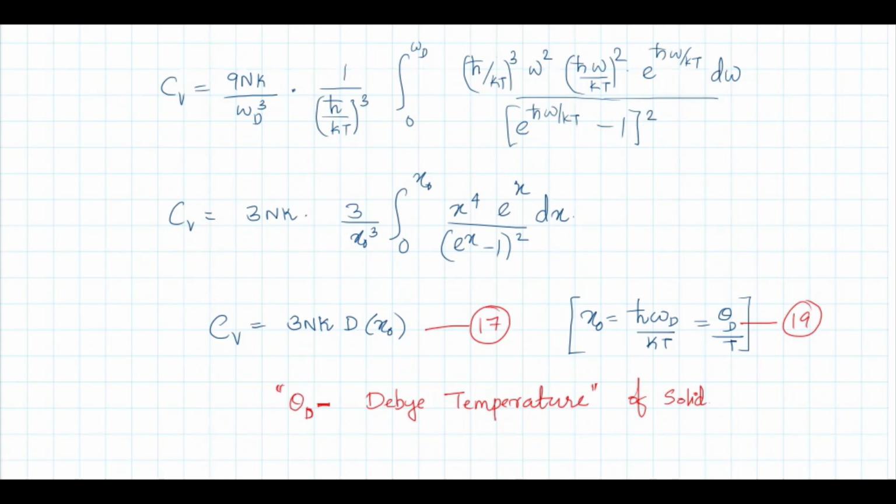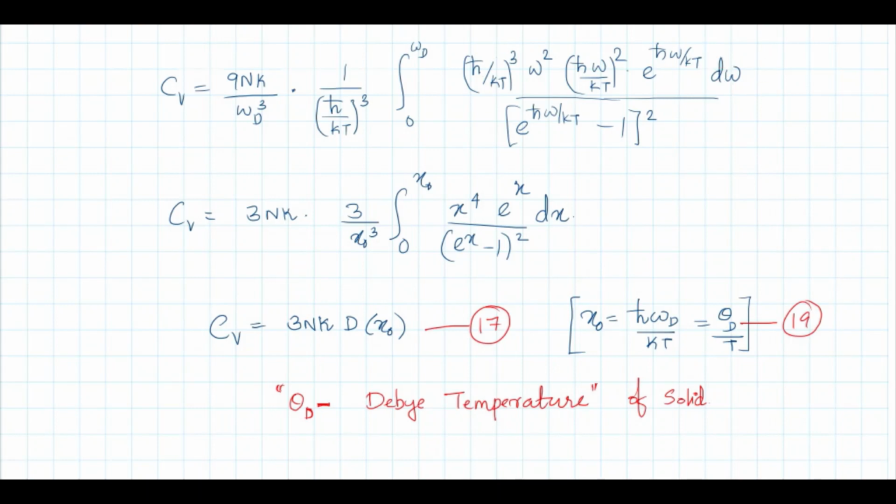Cv is equal to, from 9nk you can write it as 3nk into 3, and this omega D you can take into this quantity, h cut omega D by kT whole cubed, you can call it x naught cubed. Integral 0 to omega D becomes integral 0 to x naught. Here you have an h cut cubed by kT cubed, but in d omega you will have a kT by h cut dx.